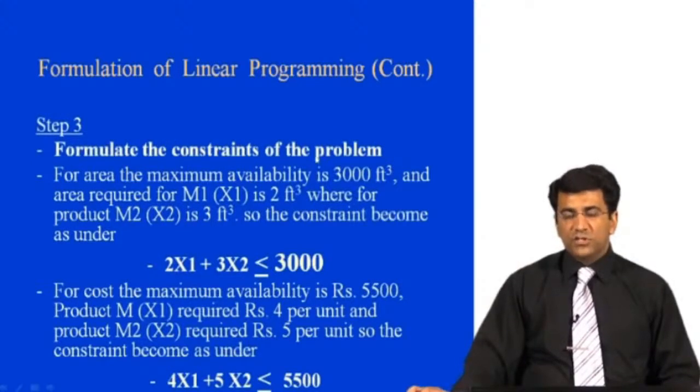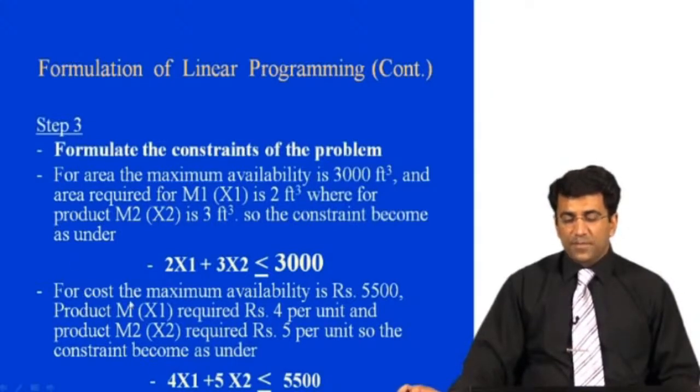Now let's formulate the constraints of the problem. For the area, the maximum availability is 3000 feet cube, and the area required for M1, which is represented by x1 in this particular example, is 2 foot cube, whereas for the product M2, x2, it is 3 foot cube. So the constraint becomes 2x1 plus 3x2 should be less than or equal to 3000 feet cube, and that is the first constraint related to the area.